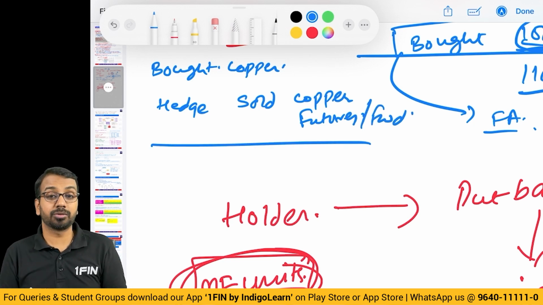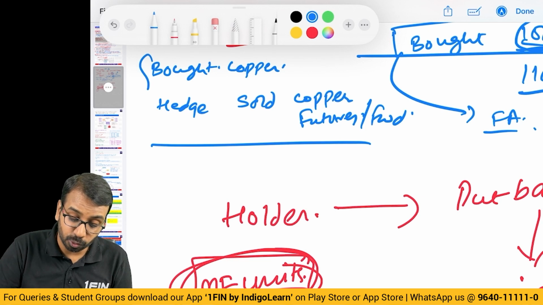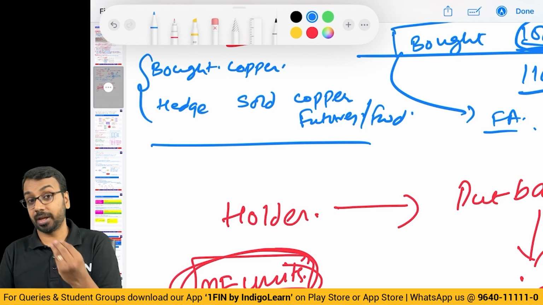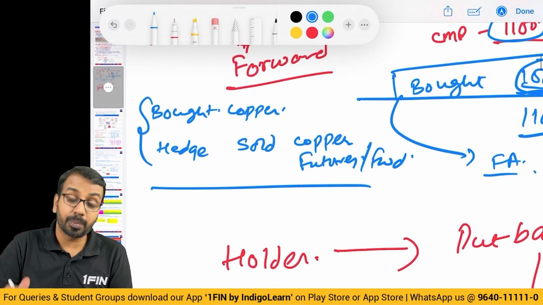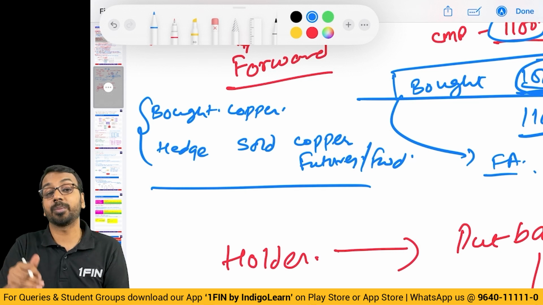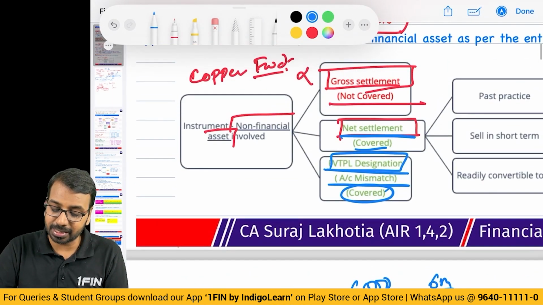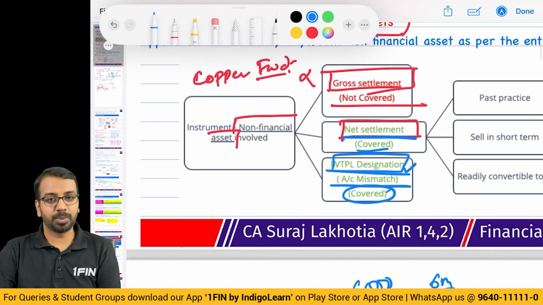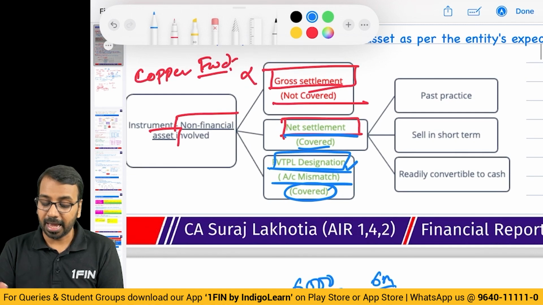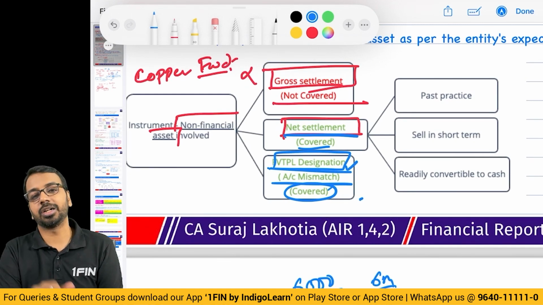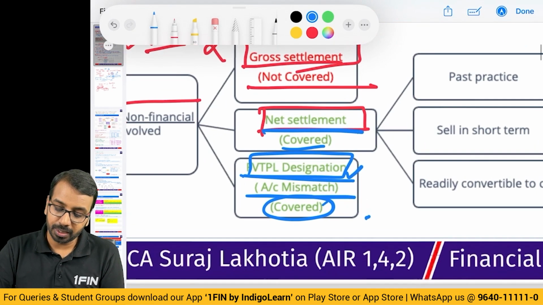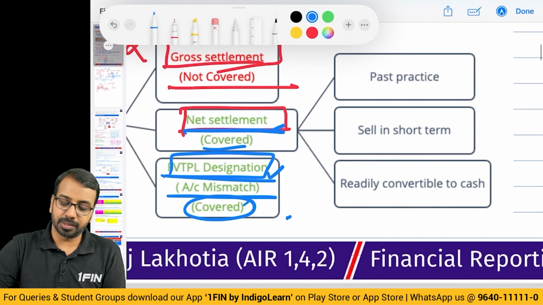Here also it is for own use only, but the idea is to avoid losses. The idea is hedging, such that if the prices increase or decrease, it does not impact my P&L. Then in that case, I will designate it as FVTPL, which you will understand subsequently, and then this will be covered under financial instruments.